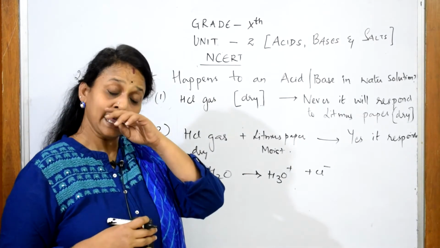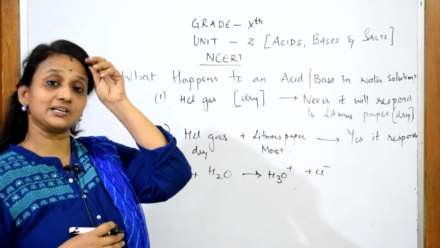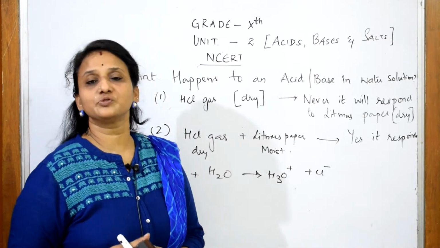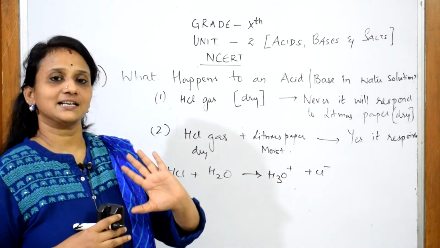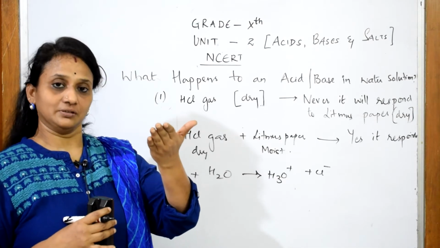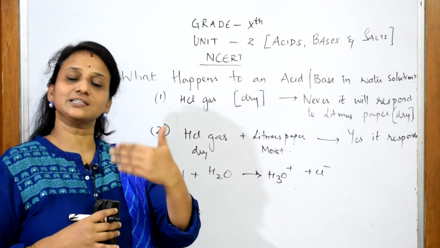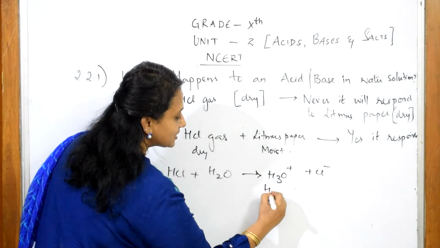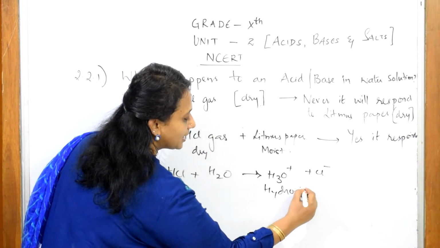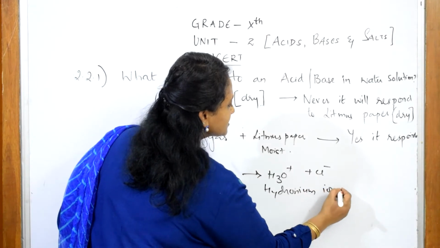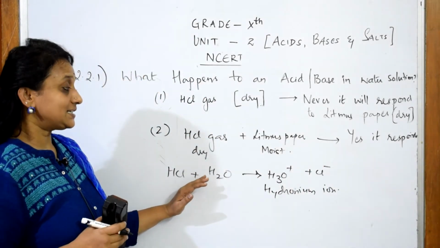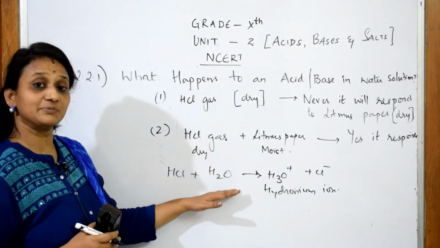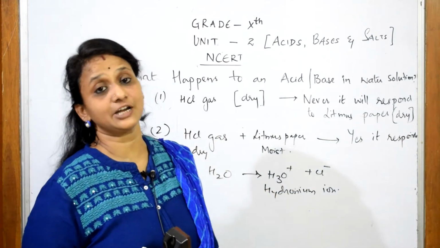I already said hydronium ion and H plus ions are two different forms of an acid representation. Means acid has H plus ion, which also exists as H3O plus ion, right? So H3O plus is nothing but hydronium ion. Now, as we said, acids, when with moist litmus paper, release hydronium ion.